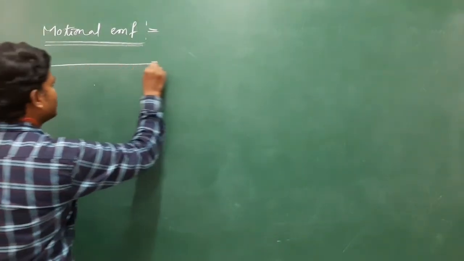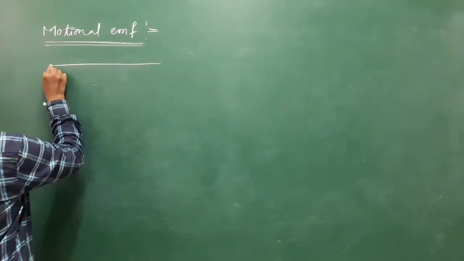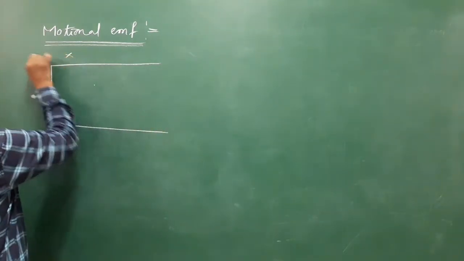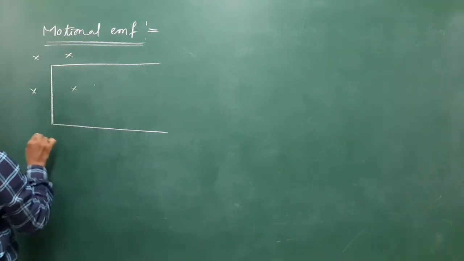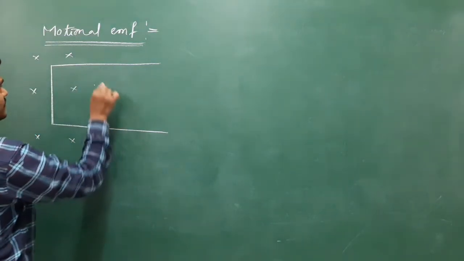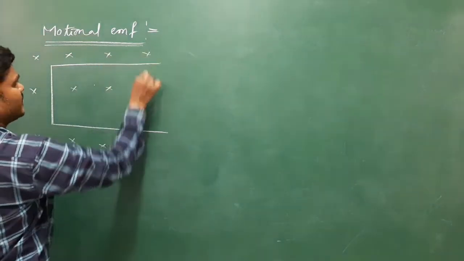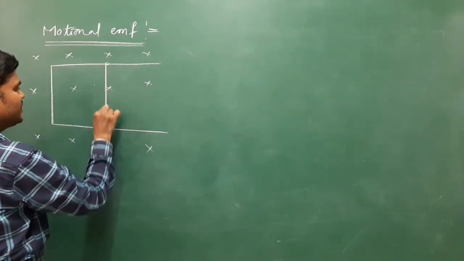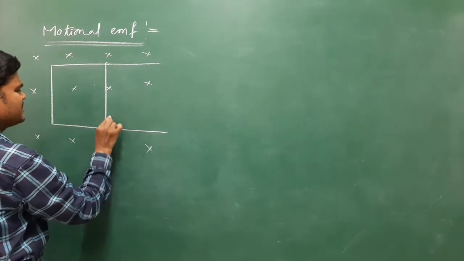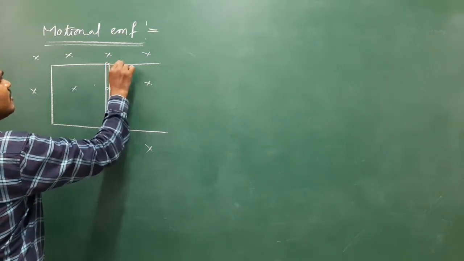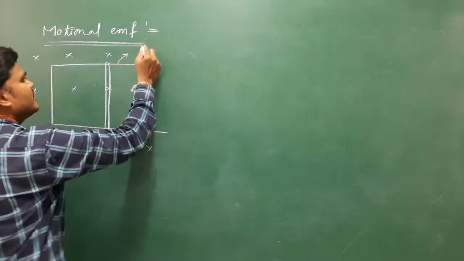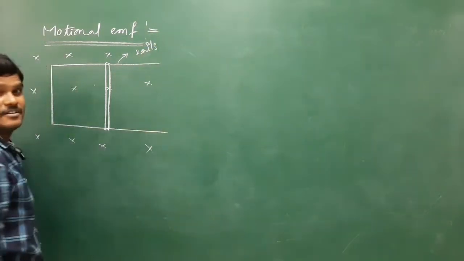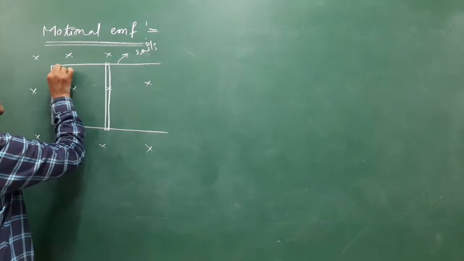This is the rectangular loop, and it is subjected to some inward magnetic field, and here a rod which is moving freely on these rectangular rails. So feel that these are horizontal frictionless rails.